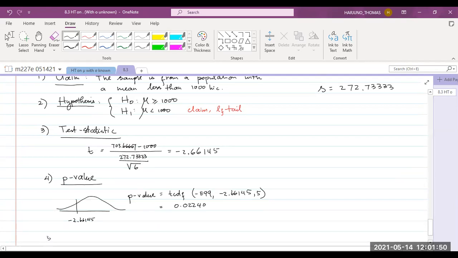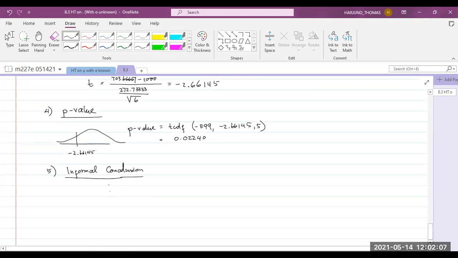So if we use 1%, informal conclusion, fail to reject the null hypothesis, and then conclusion. Yeah, this is the case where we have sufficient evidence to support the claim significantly, but not very significantly.